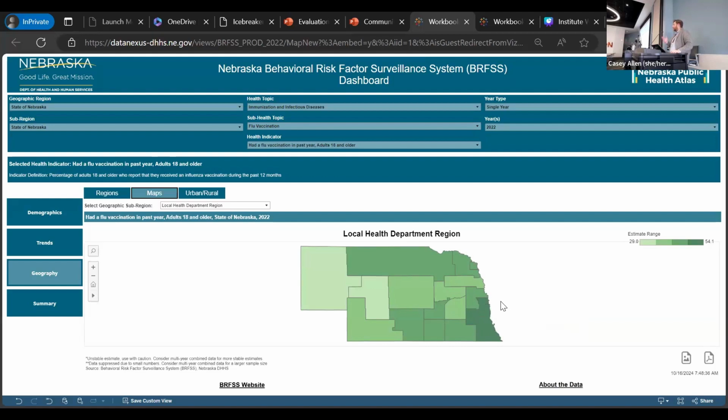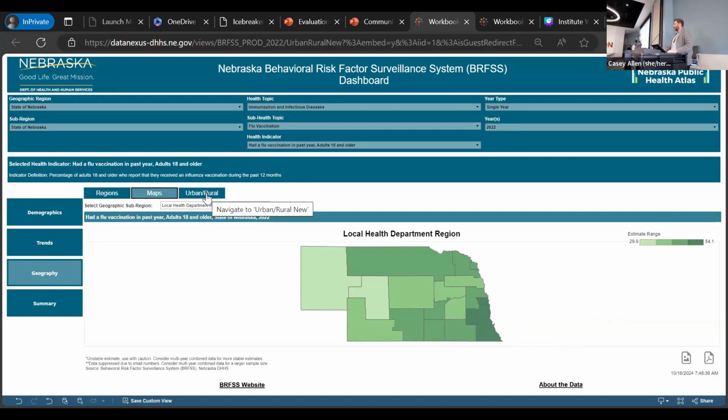And on this map, the darker the color, the higher the proportion of people who were vaccinated against influenza. So again, you can see in our more urban areas, we're trending towards higher rates of influenza vaccination, and in our more rural areas, we're trending towards lower rates of influenza vaccination.